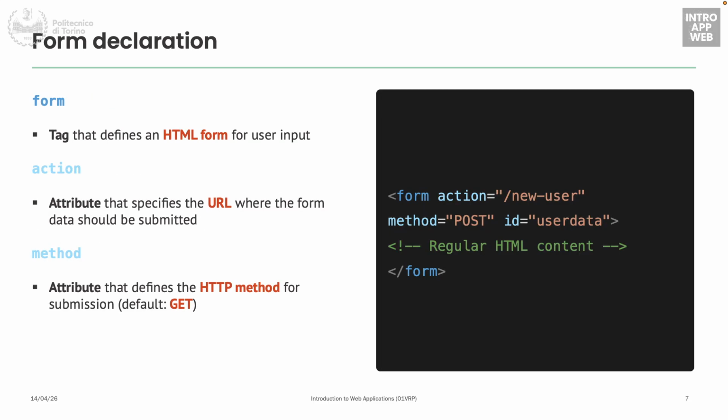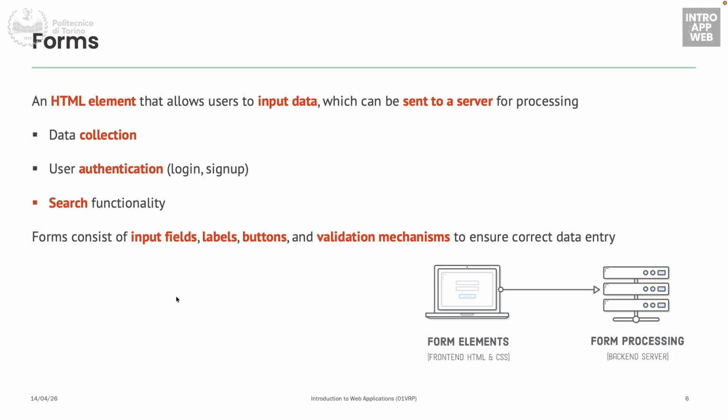So the labels also make part of the forms, along with buttons and validation mechanisms, to ensure that the data is correctly submitted. As I said before, we have components for making the forms work, both on the front end and on the back end, which is the one that does the form processing.